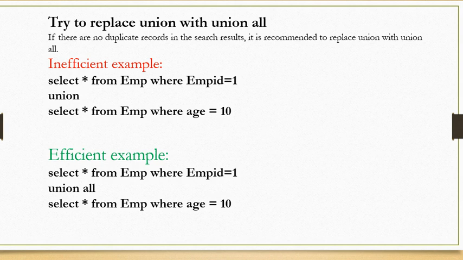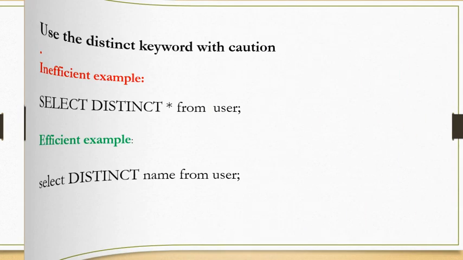If you use union, regardless of whether the search results are repeated, it will try to merge and sort them before outputting the final result. If the search results are known to have no duplicate records, use union all instead of union, which will improve efficiency.